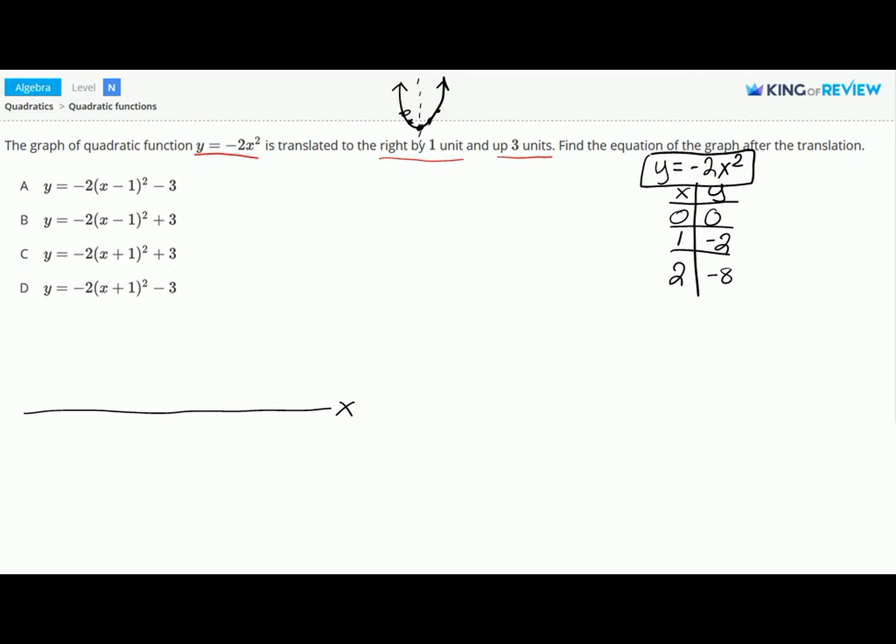Here's our x-axis. And here's our y-axis.